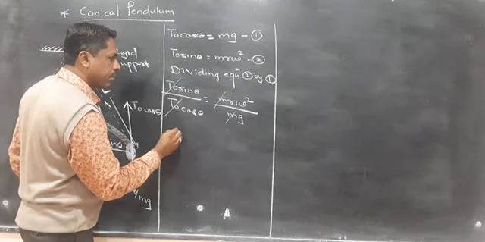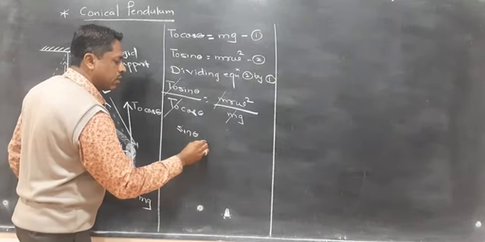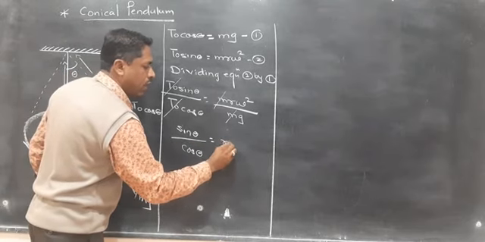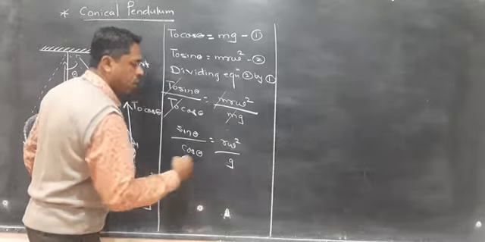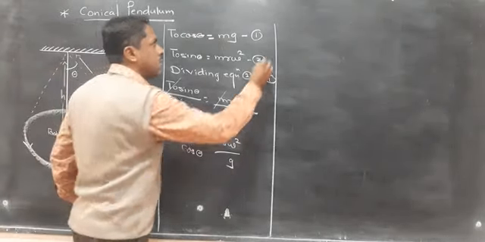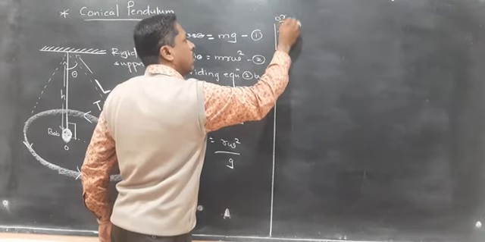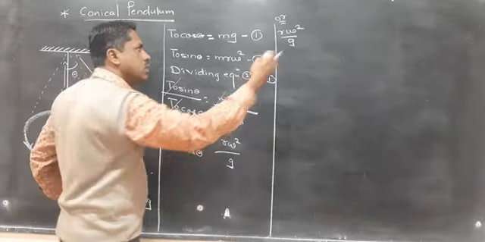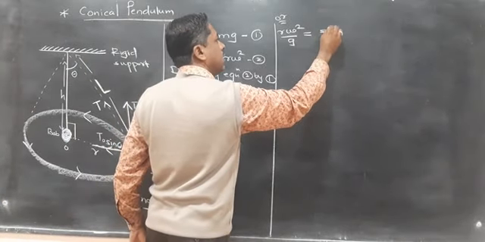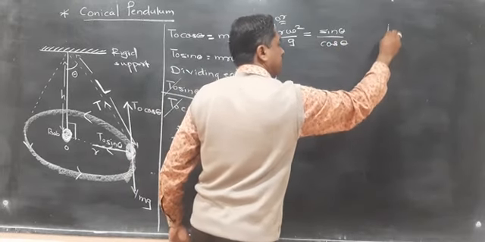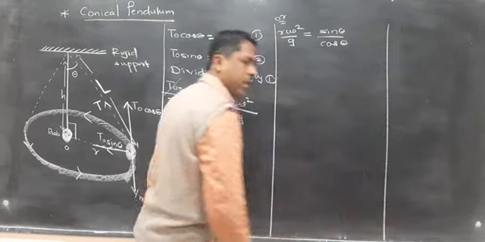What remains here? Sin theta upon cos theta is equal to r omega square upon g. It can also be written as r omega square upon g is equal to sin theta upon cos theta.